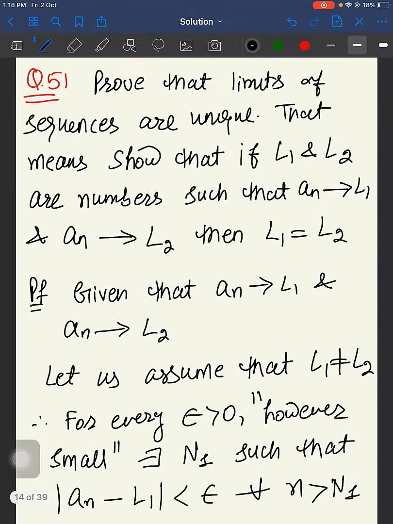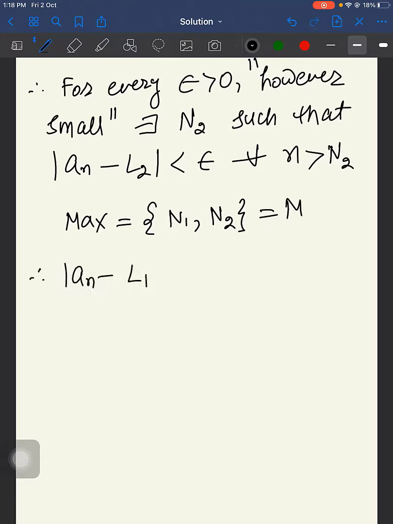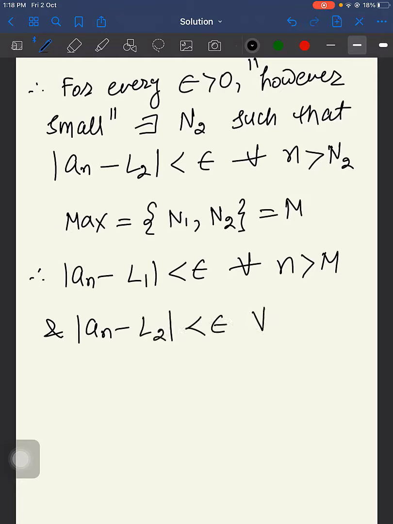Now if we want these two to hold simultaneously, we generally choose the maximum of N1 and N2 and name it as M. So therefore |an minus L1| is less than epsilon for all n greater than M, and |an minus L2| is also less than epsilon for all n greater than M.